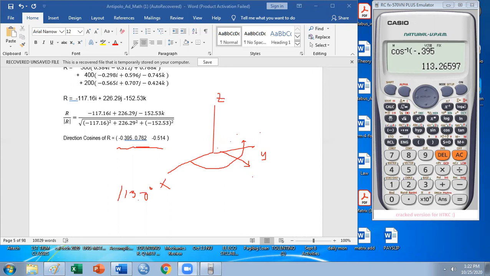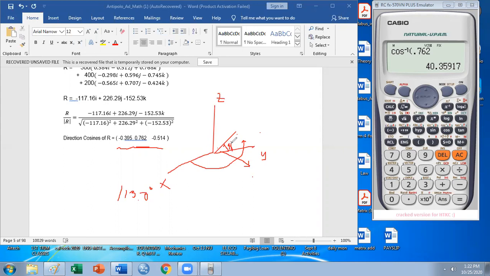Inverse cosine of 0.762. That's 40 degrees. From the positive y, you just rotate 40 degrees here. So somewhere there, about 40 degrees.